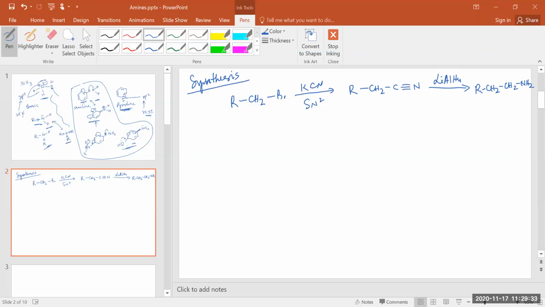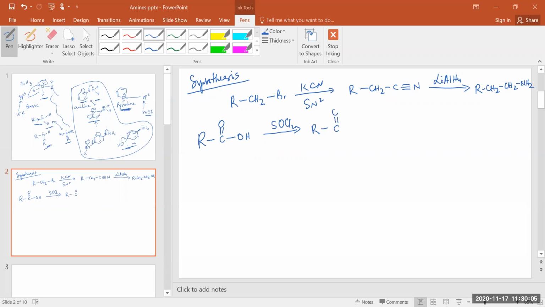We can also make these amines from carboxylic acid in a two-step process. First you convert the carboxylic acid to acyl chloride by reacting with thionyl chloride.